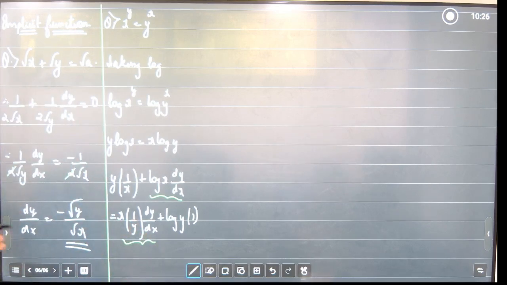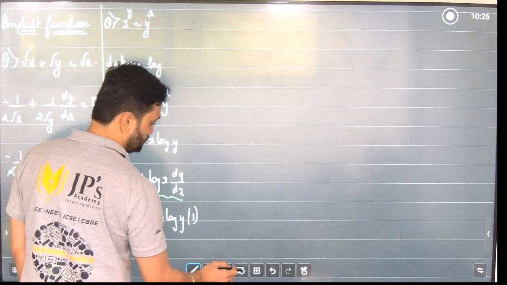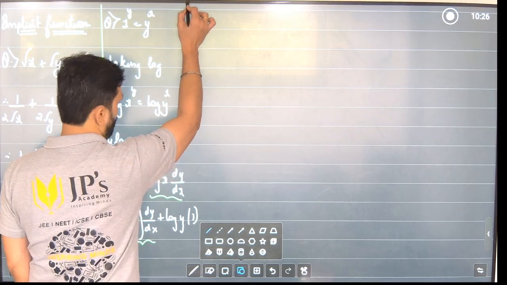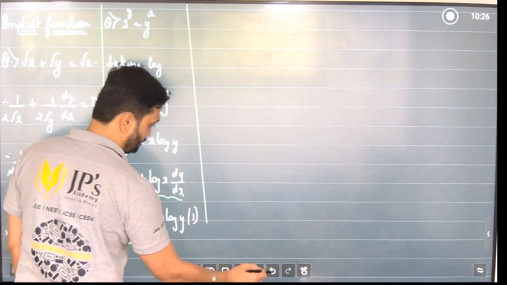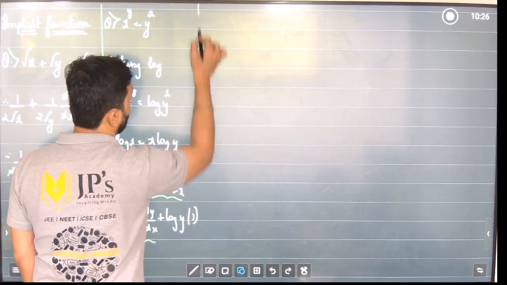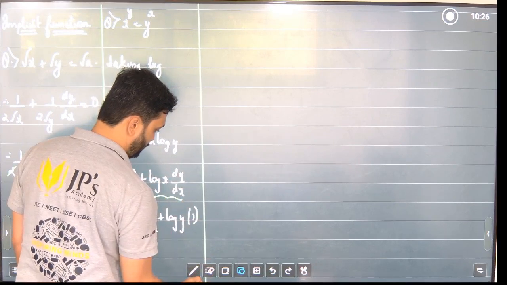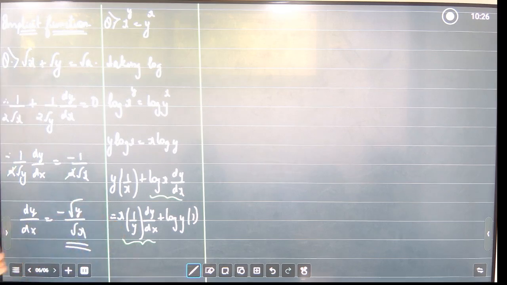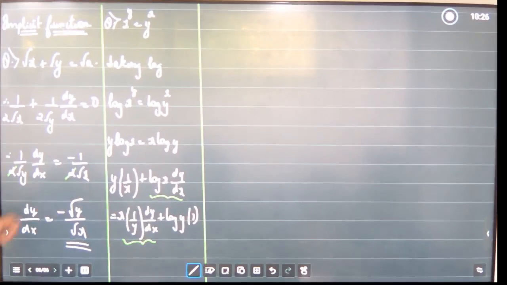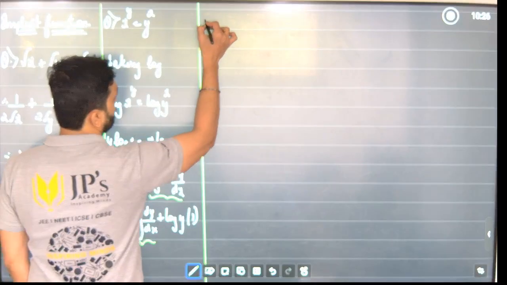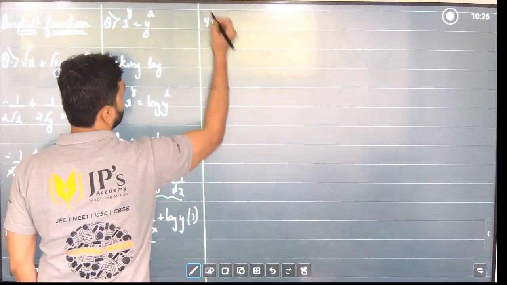Now, as I told you, what you're supposed to do is take all the dy by dx terms on the left hand side and non dy by dx terms on the right hand side. So if I have to solve this, let's arrange it.